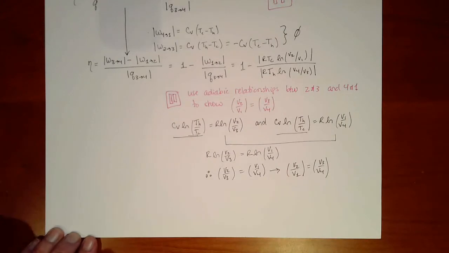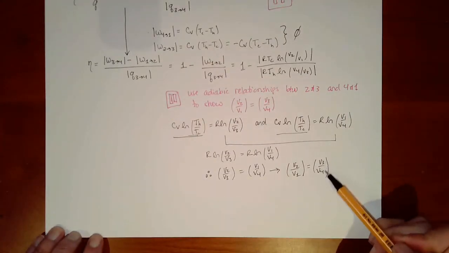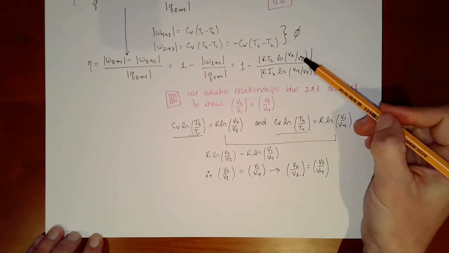So what this allows me to do is to substitute V3 over V4 in this quantity of the natural log up here.